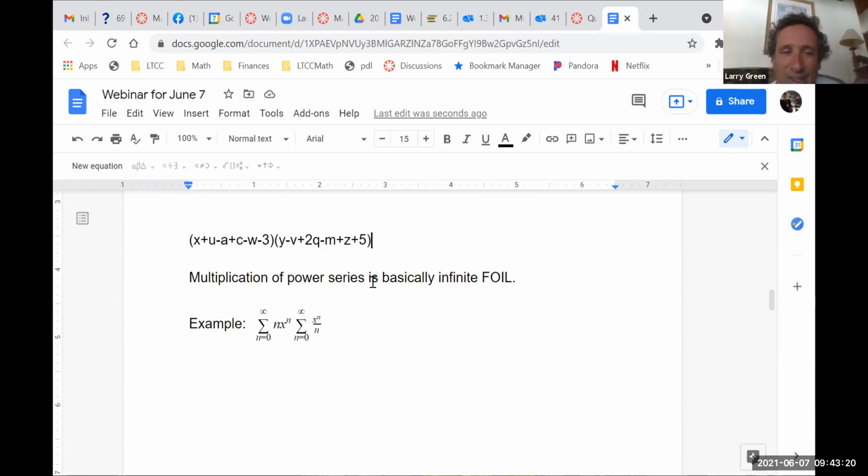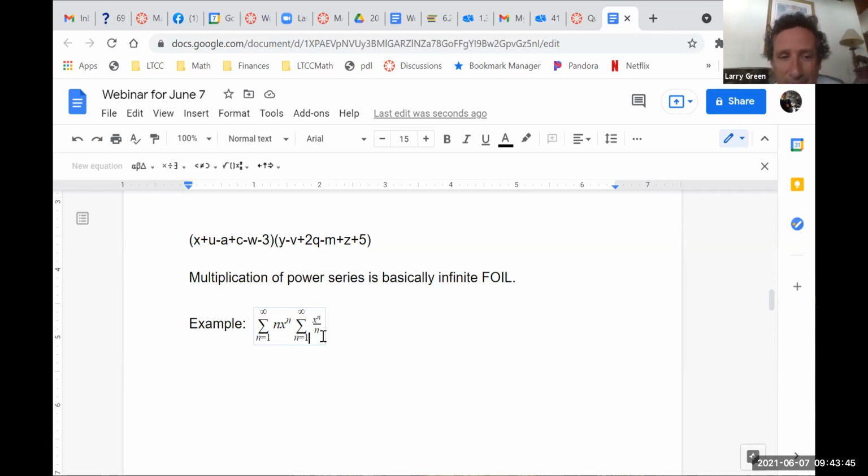So here's what you can't do. Here's an example: the summation n equals 1 to infinity of nx to the n, times the summation n equals 1 to infinity of x to the n over n.